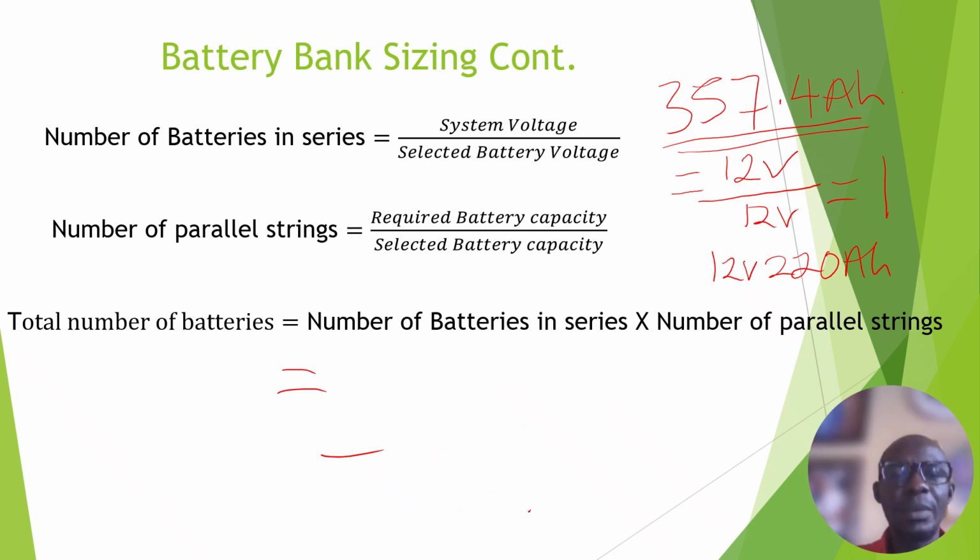Now I said parallel. If you connect batteries in series, you are increasing the voltage. If you connect them in parallel, you are increasing the capacity. Let's see this.